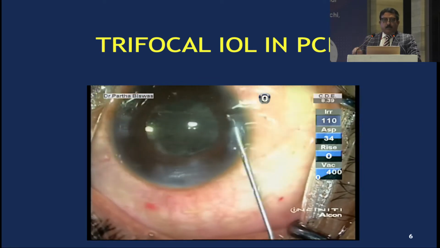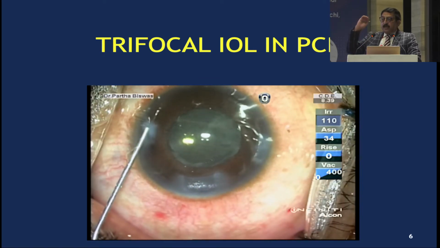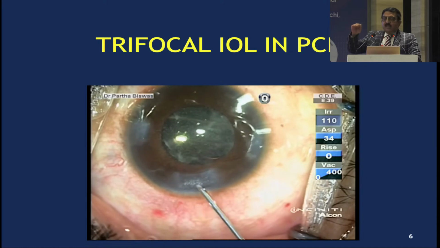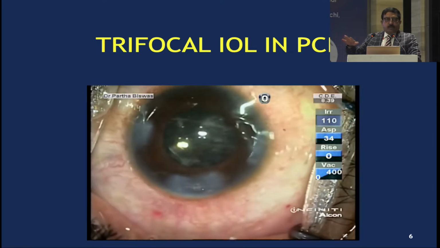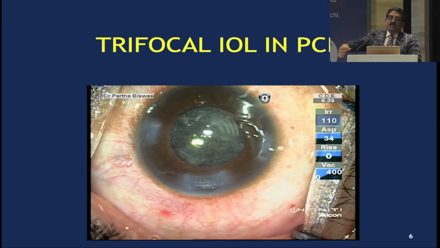Again, I'll dwell upon the situation where you are trying to put it in the bag and it does not go in, and you see it's sinking down. If the first haptic, the leading haptic, is sinking down, that means the ruptured bag has actually collapsed. And you'll never be able to separate that ruptured bag because vitreous has gone in and you'll not be able to get the vitreous out of the way.